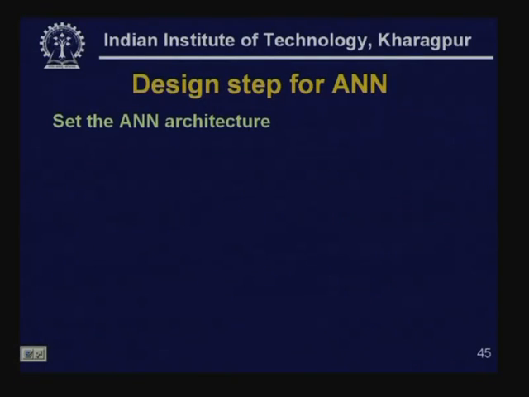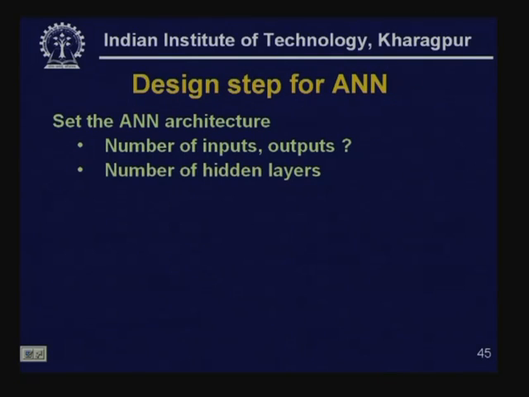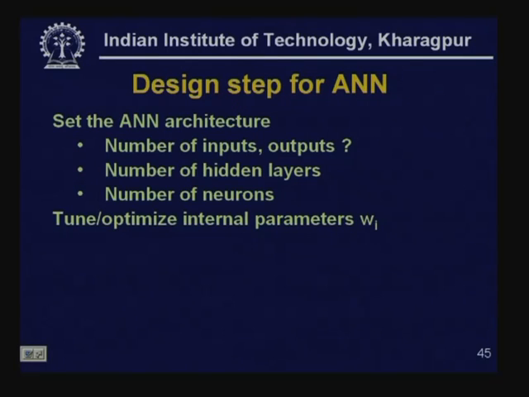So, what are the design steps for an artificial neural network? First, you have to set the architecture for the neural network. That is, decide which input features to take, how many outputs to take, the number of hidden layers, and the number of neurons in each hidden layer.